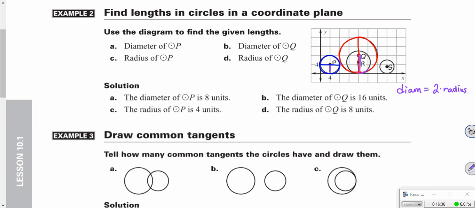This is circle R. Now, this is down here at what, 4, 8, 12, 16. So this is down here at like 16, 0. And then it looks like it goes up, and it looks like it's halfway between the 8 and the 12. So let's say 10. Okay, so it looks to me like circle R has diameter 10.